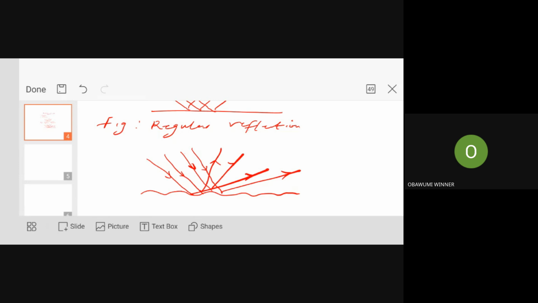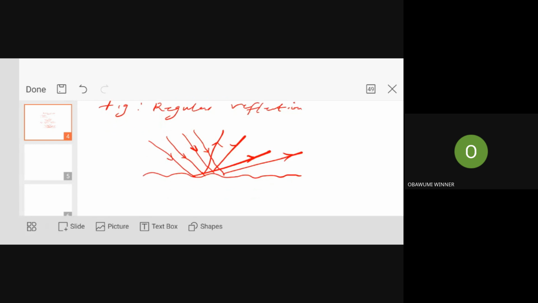So you can see that the reflected rays are not parallel like that of the regular reflection. So even though the incident rays were parallel when they struck the rough surface, when they began to reflect, we have the rays being reflected in various directions, making the reflected rays not parallel. So this is what we mean by diffuse reflection.